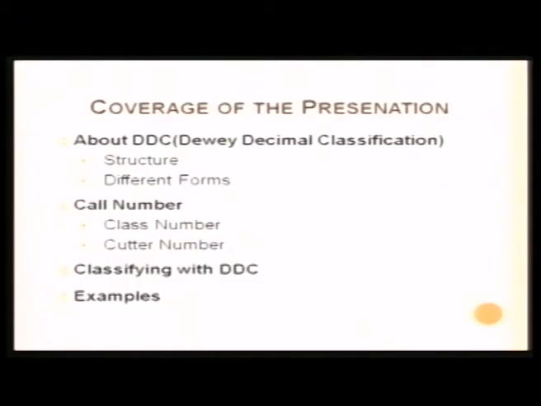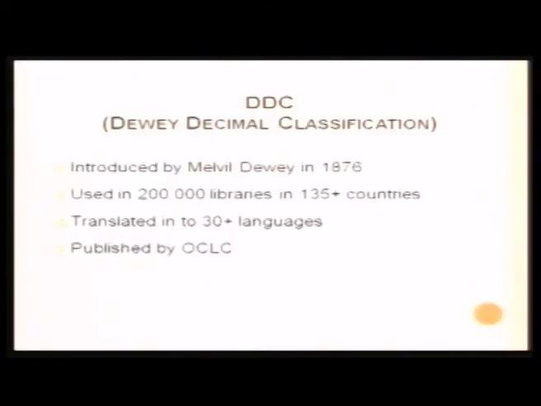We will be talking about call number, what it is, and what the main components of a call number are, class number and cutter number, and how we use this DDC system for classifying the books in our libraries. We will focus on the examples too.